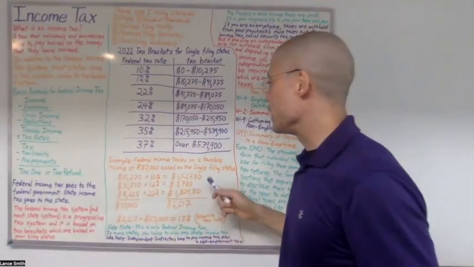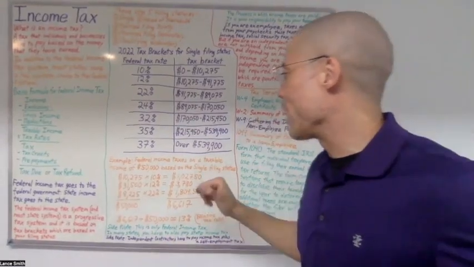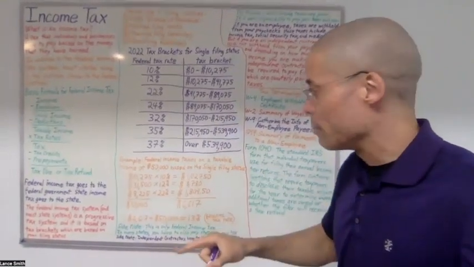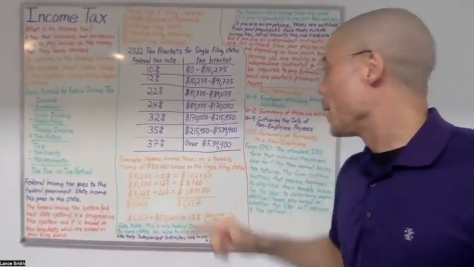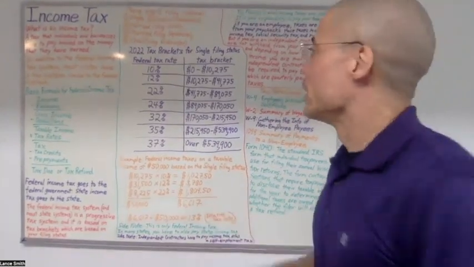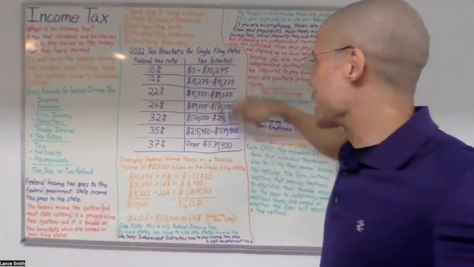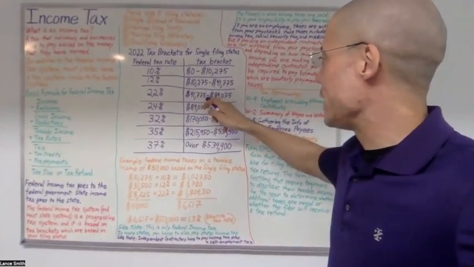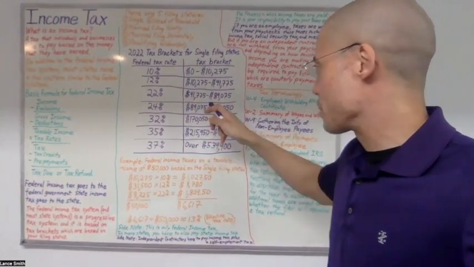In this example, let's say we are calculating the federal income taxes on taxable income of $50,000 based on the single filing status. Now, when you look at the tax brackets, $50,000 is in the 22% tax bracket.